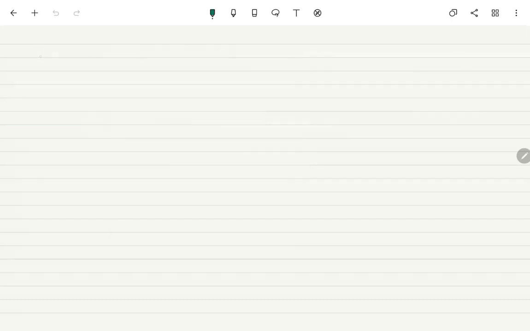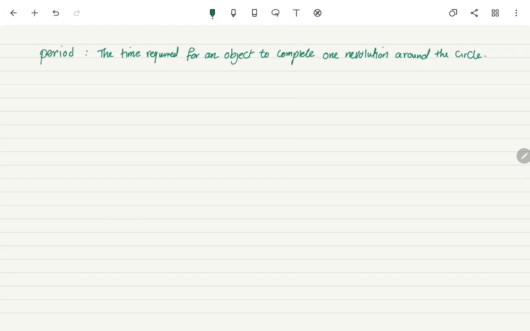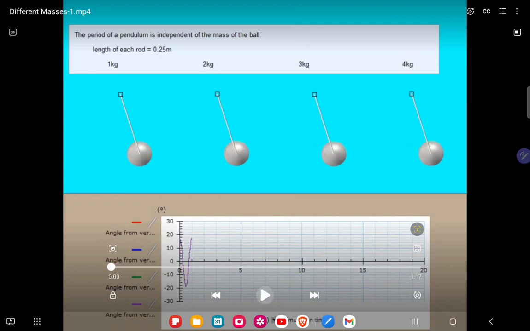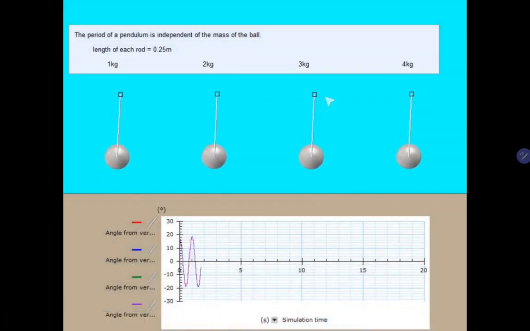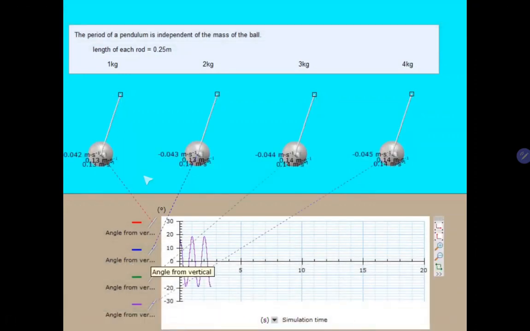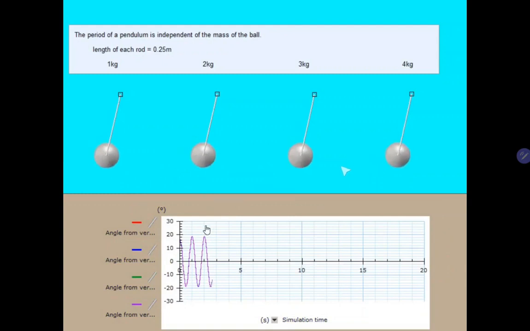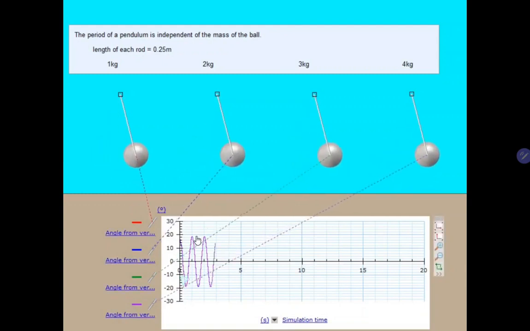Now let's identify the period. The period is the time required for an object to complete one revolution around the circle. Let's have this model. As we can see here, four different masses are connected with strings, and the strings have the same length. The object's mass doesn't make any difference in the period.